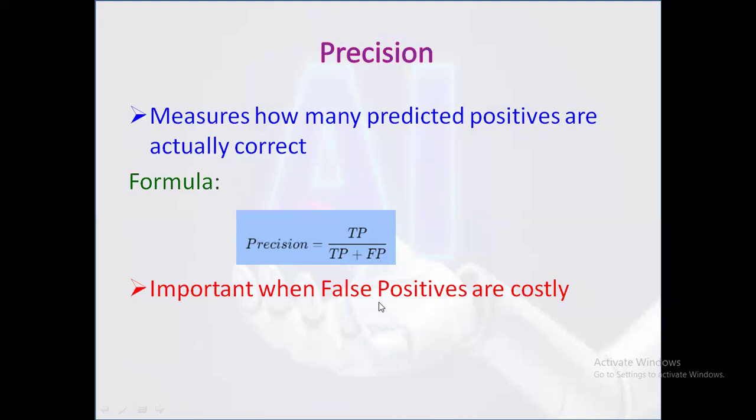Precision becomes very important in applications where false alarms are costly, such as spam filtering, fraud detection, or disease diagnosis, where unnecessary treatment must be avoided. High precision means a model rarely labels negative cases as positive. So it is important when false positives are costly.